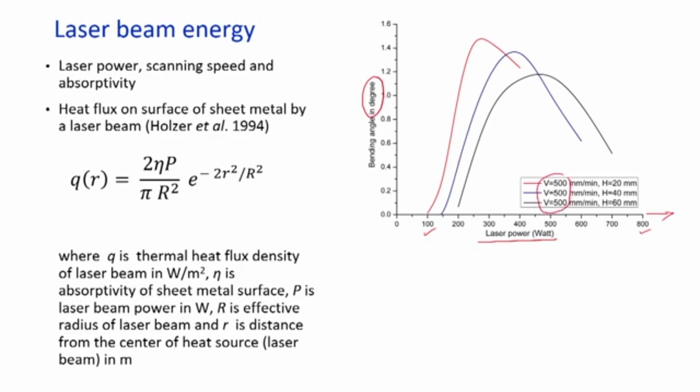The constant scan speed that you can see is about 500 mm per minute, and h is the standoff distance. H is the distance of the laser beam head from the surface, and V is scan speed.